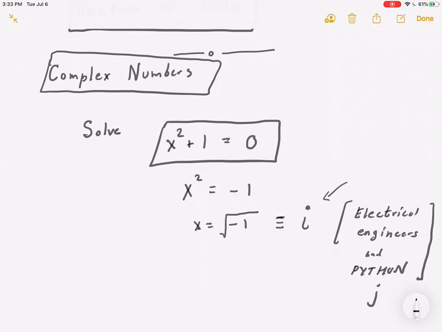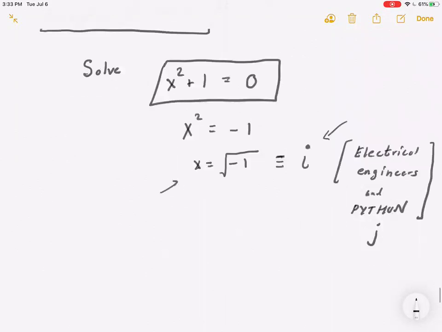So they don't want to confuse current with complex numbers, so they use j. And Python developers follow the conventions that electrical engineers do. We won't in this lecture. But if you look at problem set 8 in the exercises involving Python, it's j that solves this problem, not i.